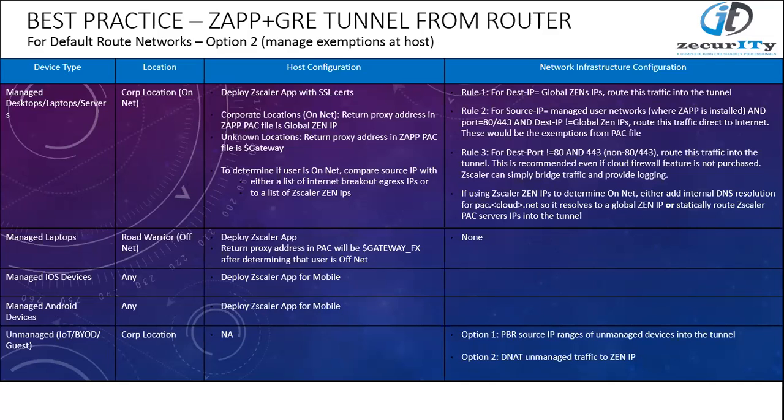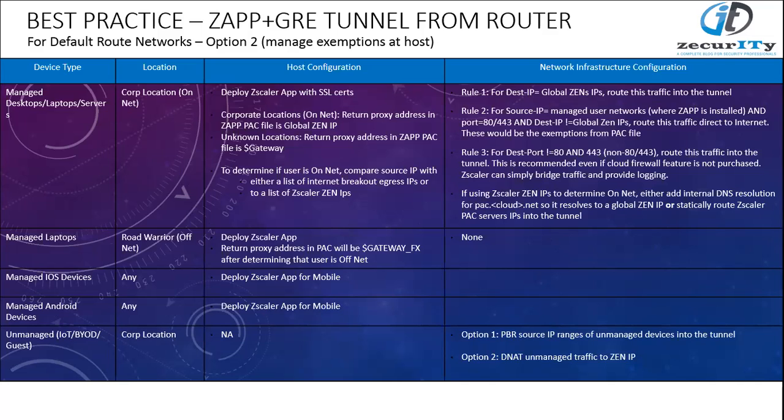In case of unmanaged devices like IoT, BYOD, or guest users in the corporate LAN, you need to create a PBR, policy-based routing, for the source IP ranges of unmanaged devices into the tunnel. Otherwise, you need to use a destination NAT for unmanaged traffic to send to the Zen IPs.